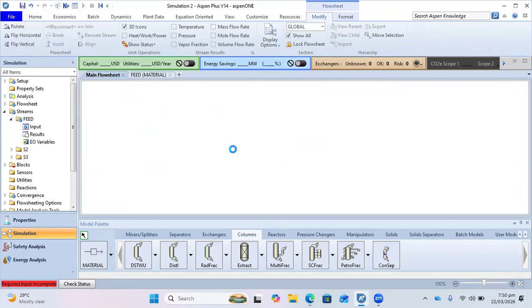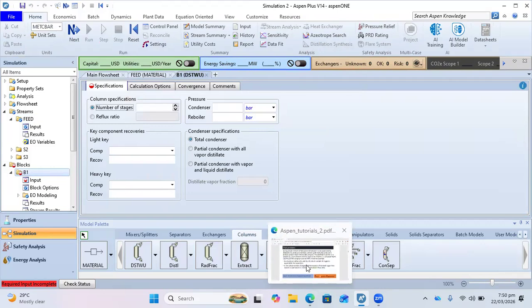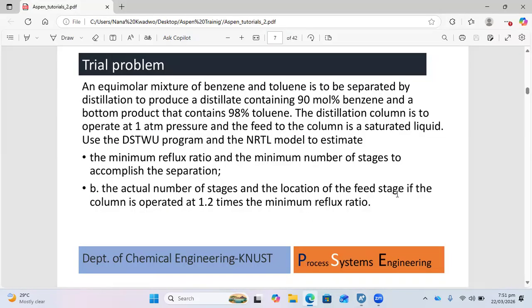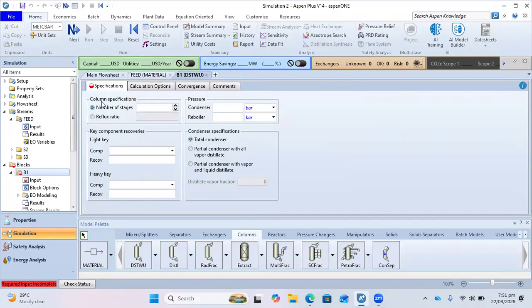Then for the column itself, the question said that we are operating at 1.2 times the minimum reflux ratio. I'll say a few things here. When we come to the column specifications, realize that we have the option to specify the number of stages if we have an idea of them, or the reflux ratio.